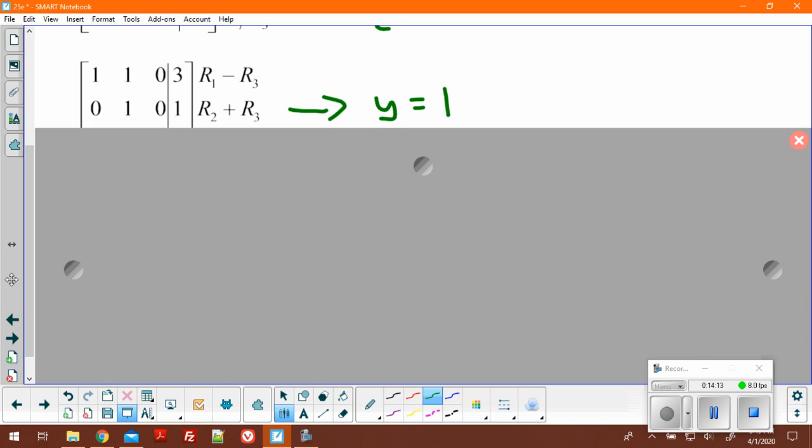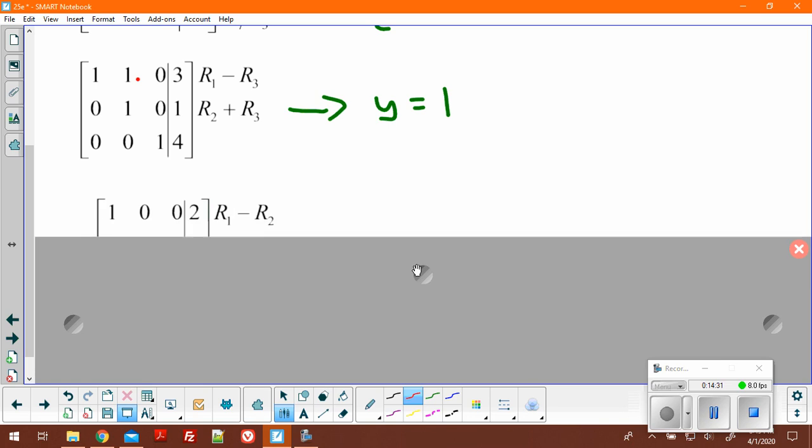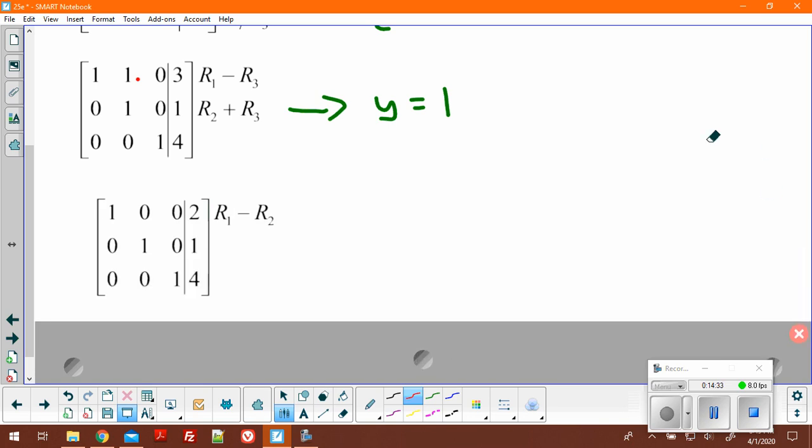Last but not least, now that I figured out y, I'm going to use that row to knock out the y in the first row. Again, I happen to have ones, which is really nice. So I'll just take row 1 and subtract row 2. When I do that, 1 minus 0 is 1, 1 minus 1 is 0, I have zeros, that's okay, and 3 minus 1 is 2.